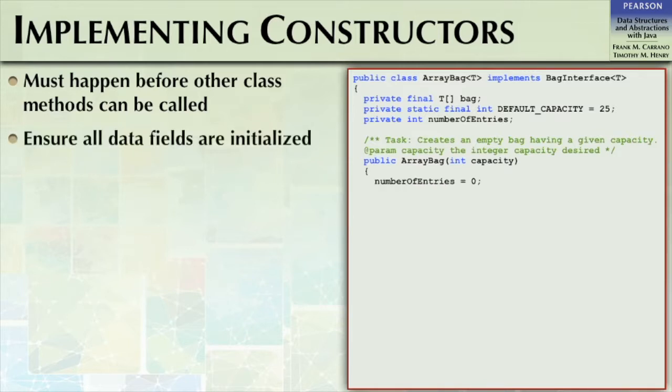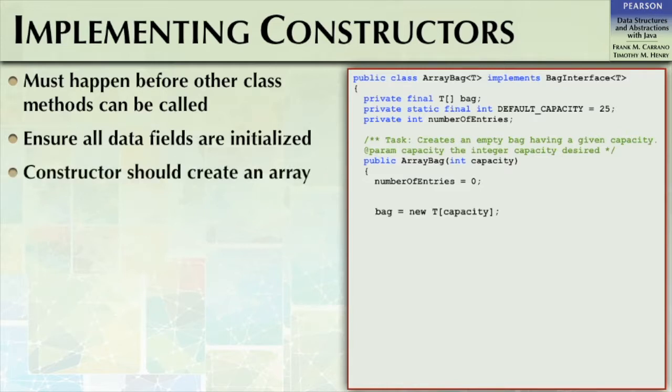Our constructors must ensure all data fields have been properly initialized. In this case, it means initializing the number of entries in our newly created empty bag to 0. The constructor for this class must create the array bag. Notice that the declaration of the data field bag above does not actually create an array. Forgetting to create an array in a constructor is a common mistake.